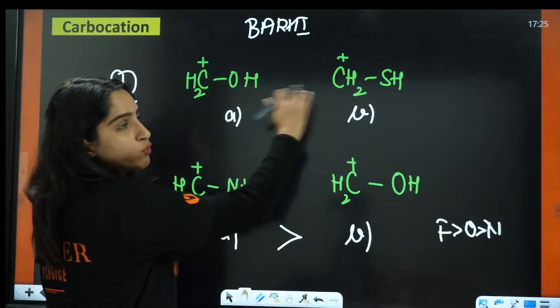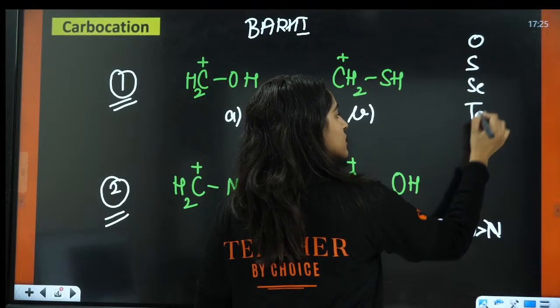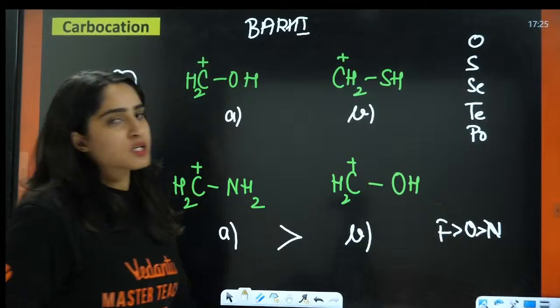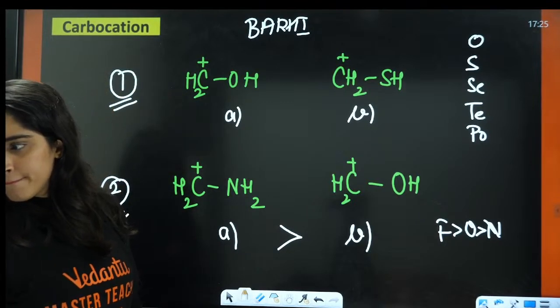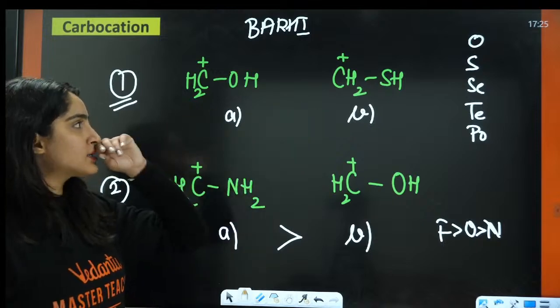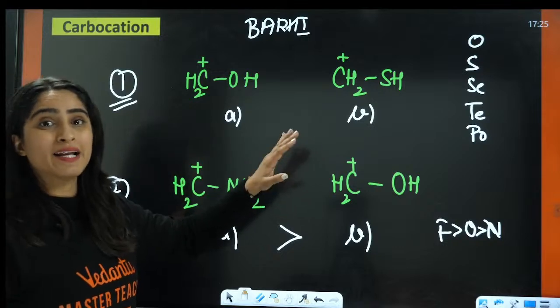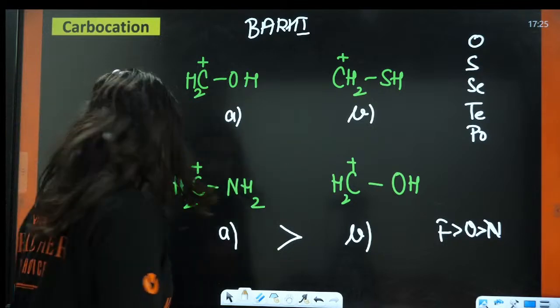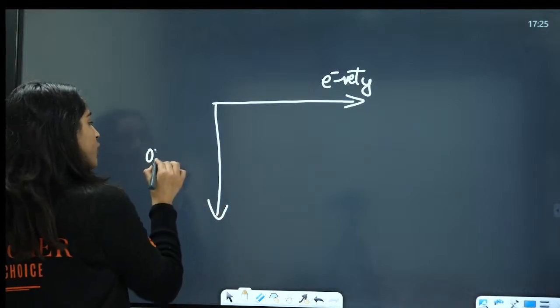This is down the group. We have O, the group is oxygen, sulfur, selenium, then tellurium. Okay. Perfect. Now, what will be the answer down the group? We do not focus on the electronegativity. Focus on the orbitals, as we know, overlapping.